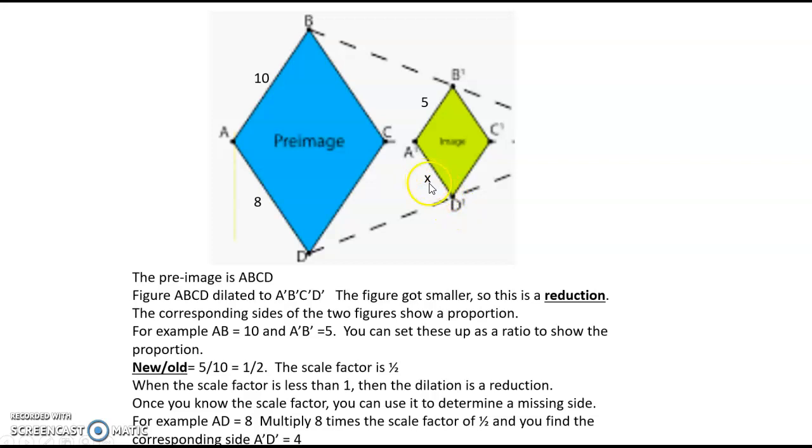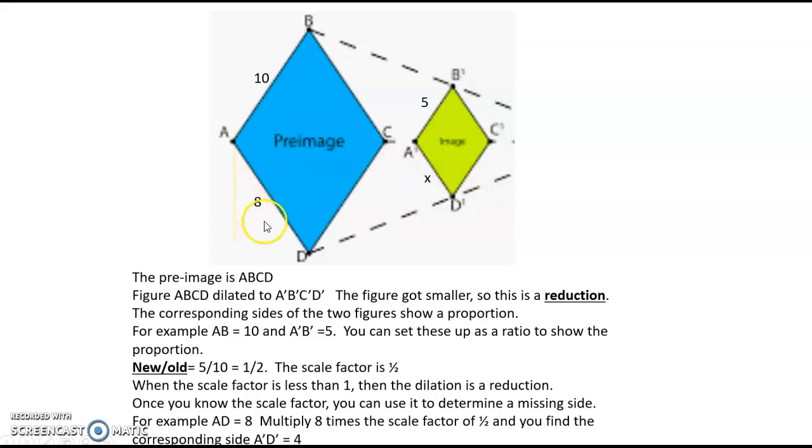We could set up the proportions like we did in the example a couple slides ago, or we can just say, okay, to get from 10 to 5, I had to multiply it by 1/2, which is the same thing as dividing by 2. So I'm going to do the same thing for these two line segments.